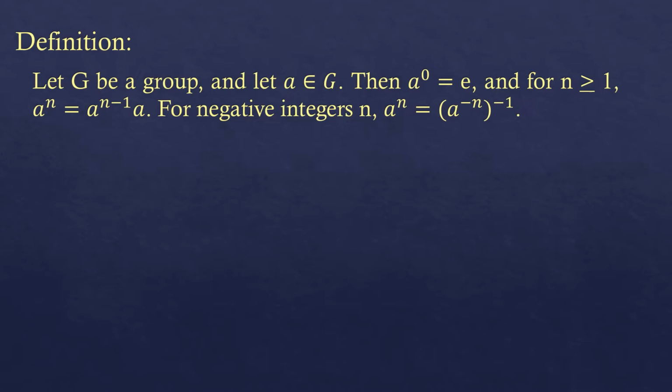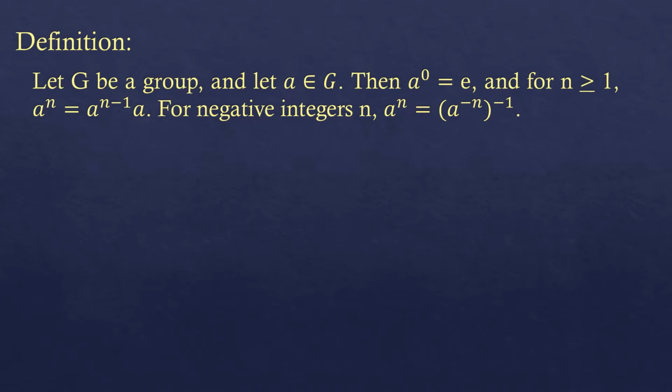And then for n greater than or equal to 1, meaning an exponent that is 1 and above, it will be a to the n is equal to a to the power of n minus 1 times a. Alright, so this is applicable for n greater than or equal to 1.